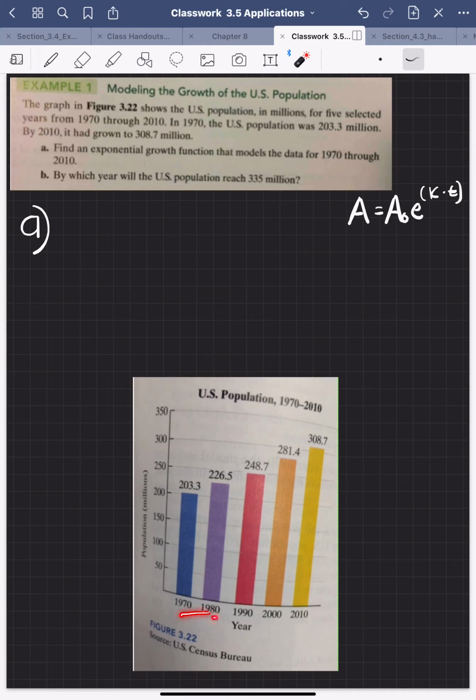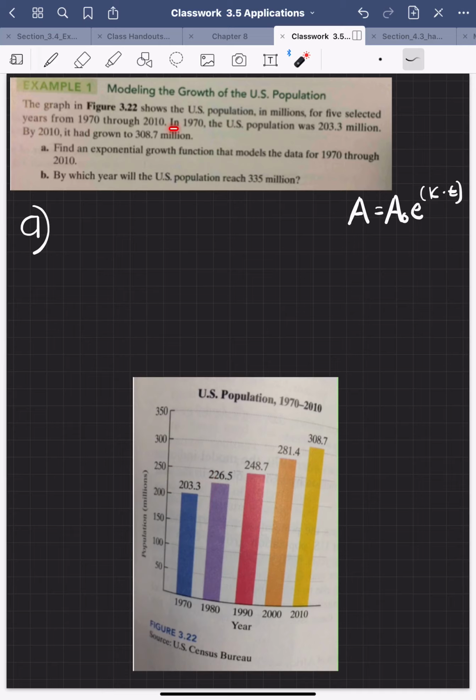All right. So we got 5 years. In 2010, we were at about 308 million population in the United States. In 1970, we were at 203.3 million. Okay. So they go through and give us some information. In 1970, the population is 203.3 million.